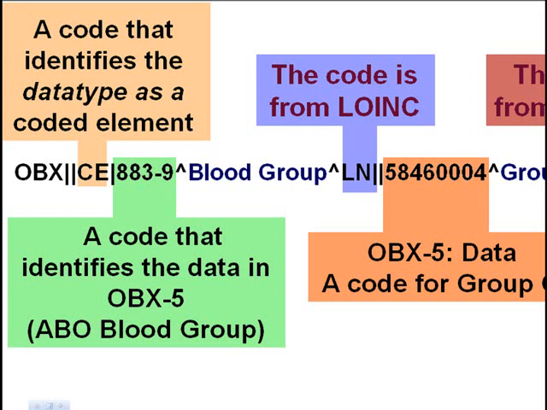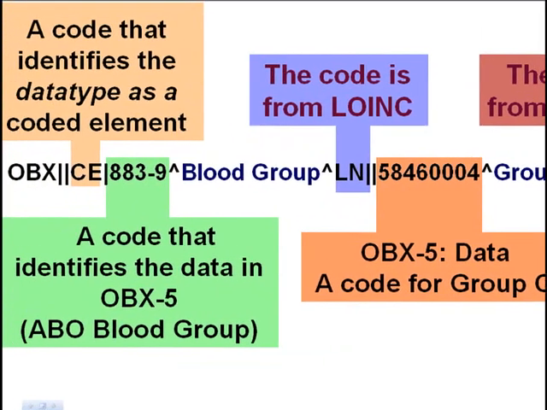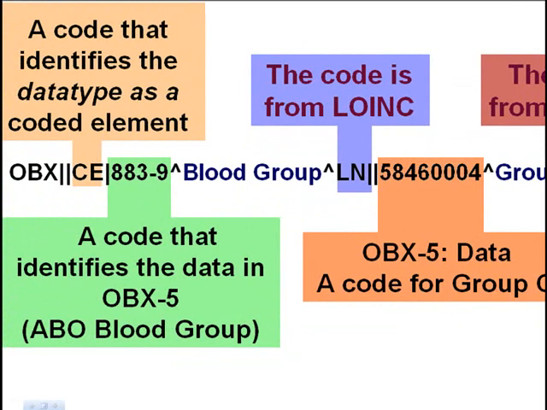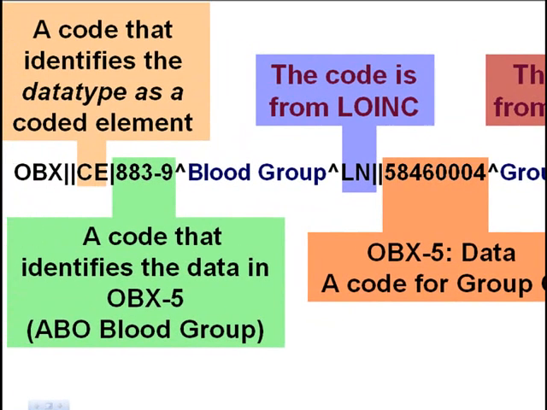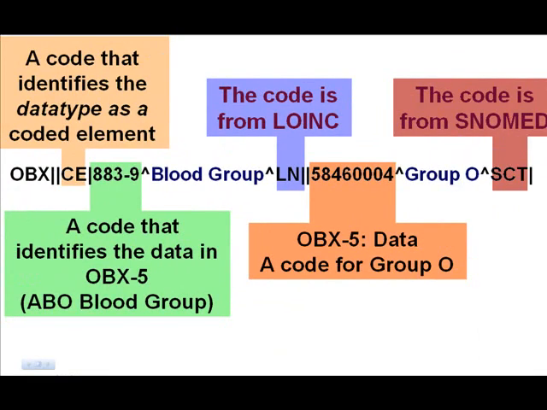So, I just rejoined it. This is the typical way, again, that the LOINC code would be used in association with the coded value for the data being sent. And this is important not just to show how the OBX segment works with LOINC, but it also shows the potential division of labor between what you normally find in the LOINC file and what you find where there are some internal codes for these things within LOINC.